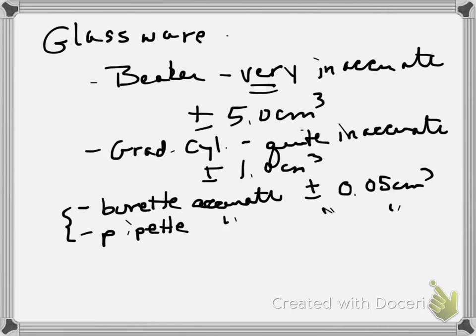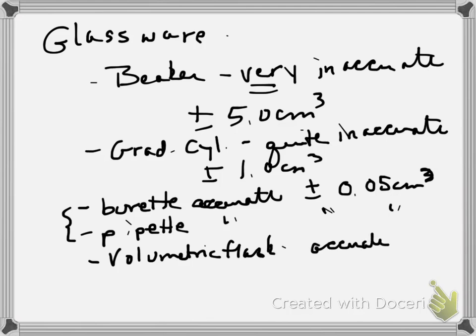And every time you add a multiple measurement, you are increasing the uncertainty. Okay, volumetric flask is considered accurate to plus minus 0.05 centimeters cubed as well. All right, so there are some example problems we have to do, and I might set them up as separate screencasts.